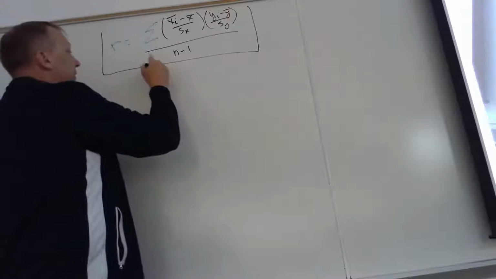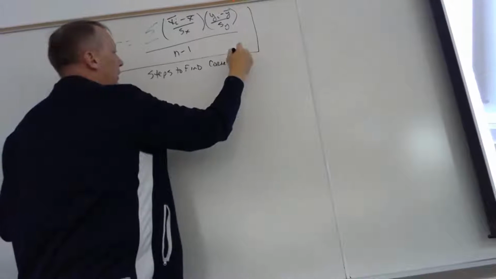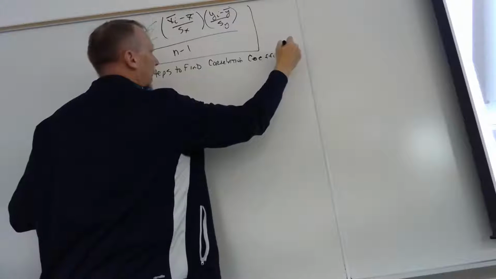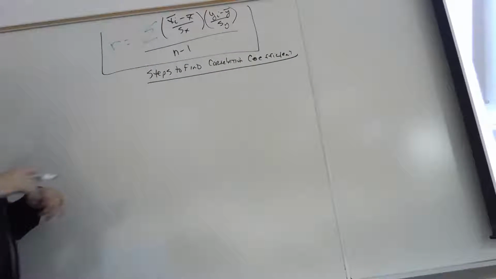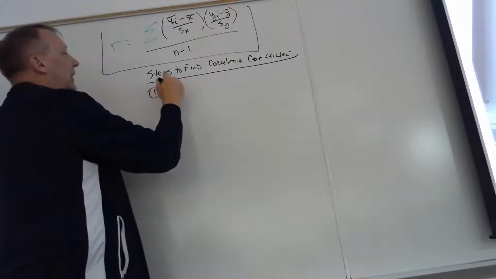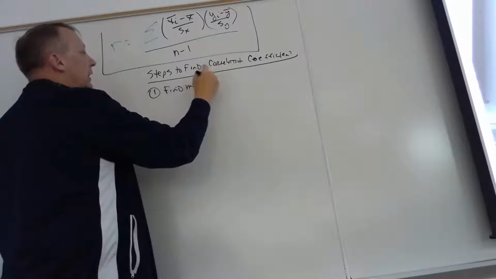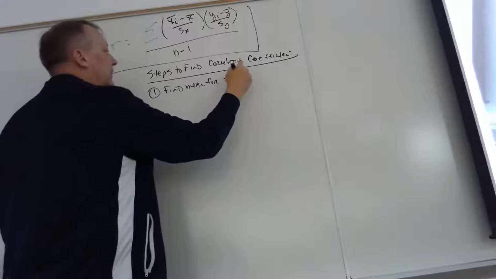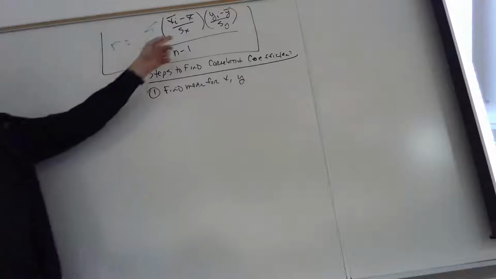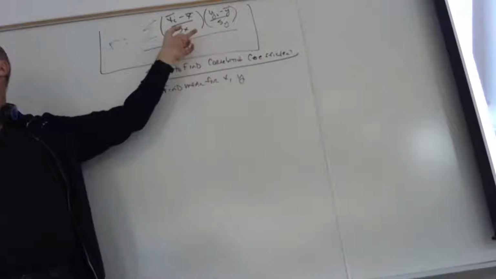So here are your steps to find the correlation coefficient. Now, what does X bar mean? Find the mean. So step number 1 is find the mean for both your X variable and your Y variable. What do you think S sub X stands for?